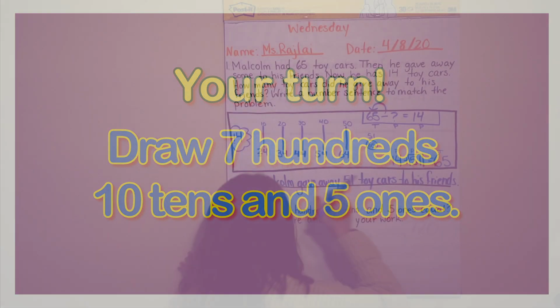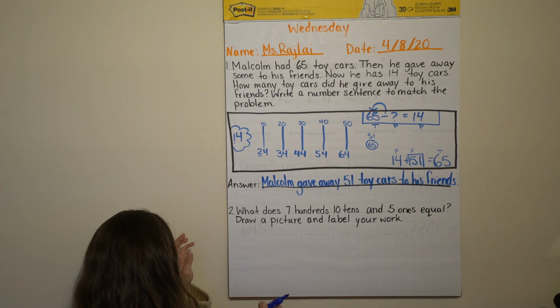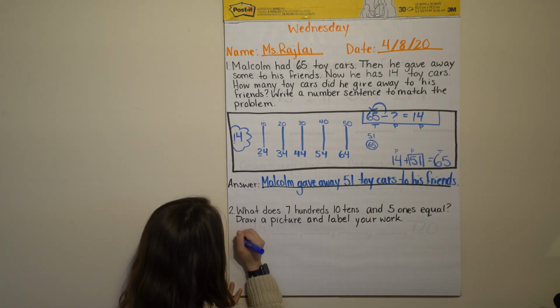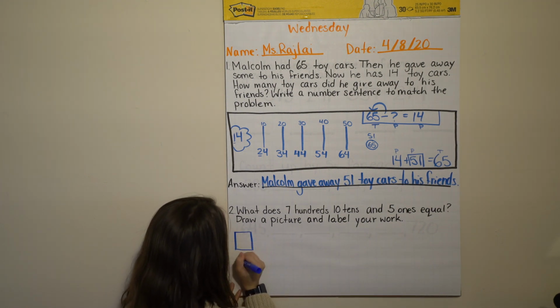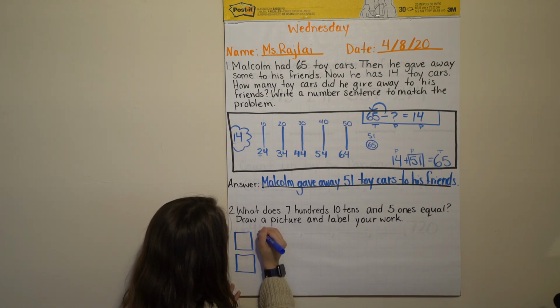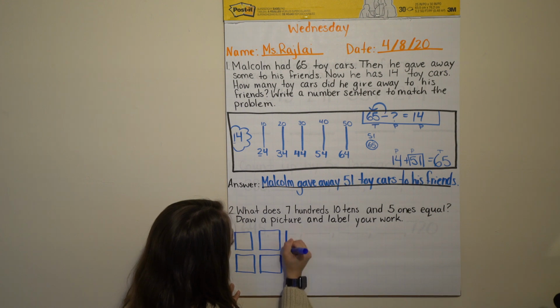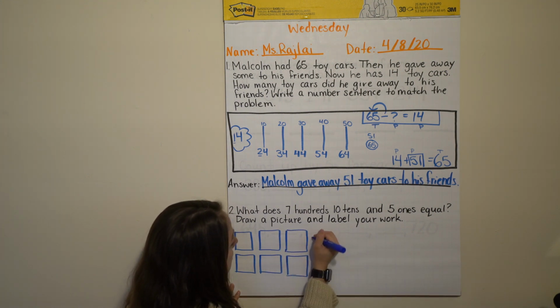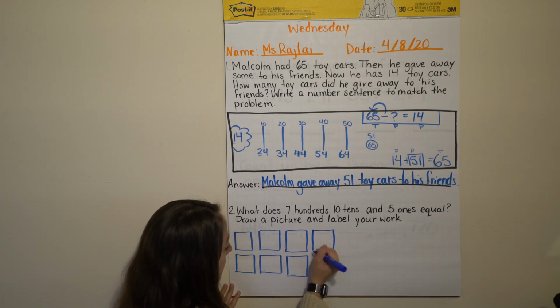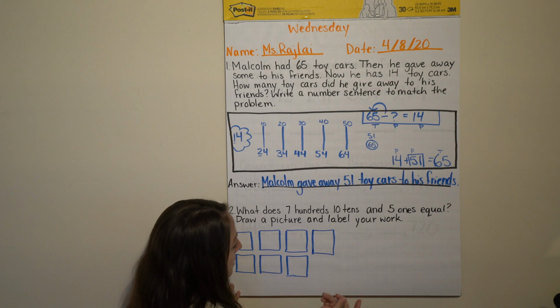All right, I'm going to start drawing. So we have 7 hundreds. 1, 2, 3, 4, 5, 6, 7. I'm going to leave the labeling last so I can see if I can regroup.